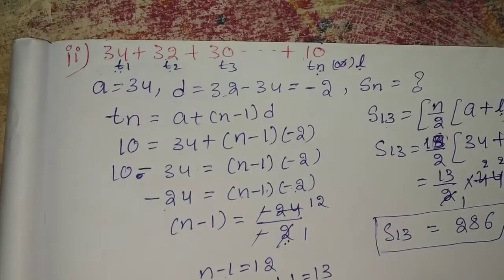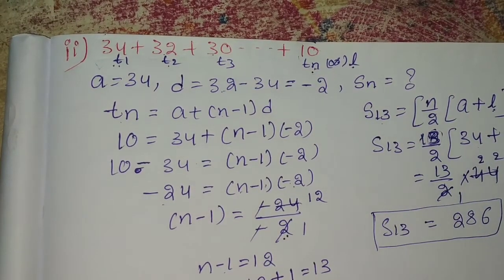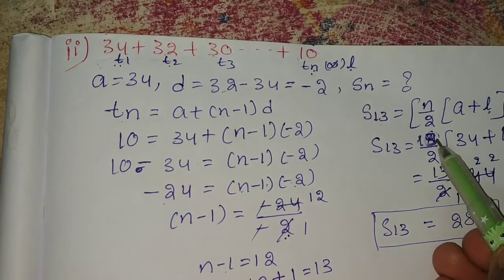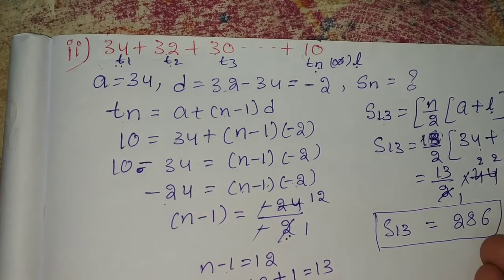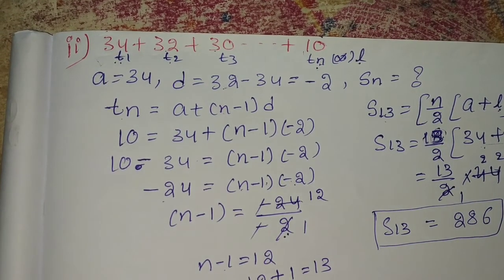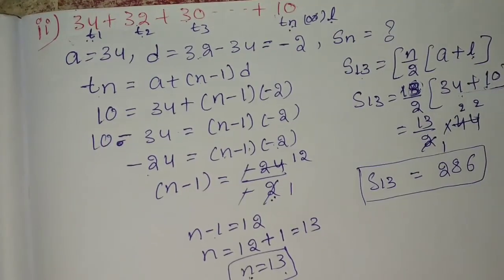Now easily you can find the sum of 13 terms, that is n by 2 into (a plus the last term). So n is 13 divided by 2 into (34 plus 10). If you substitute like this, we get the sum of 13 terms, that is 286. Understand? Let's move to the next question. Before that, pause the video to note down.